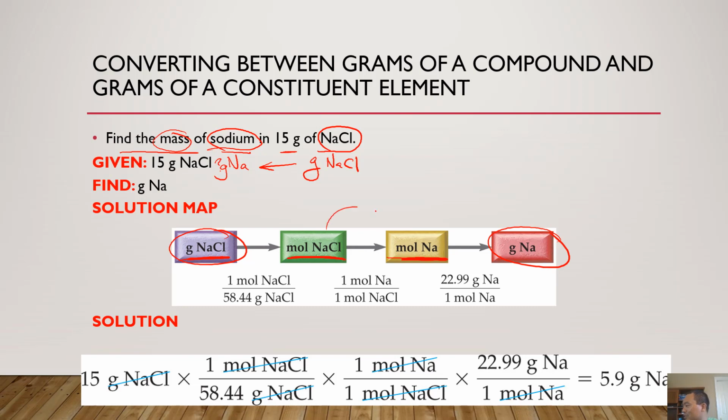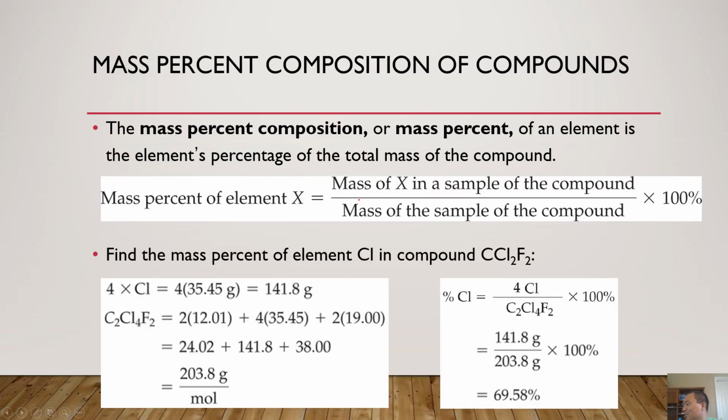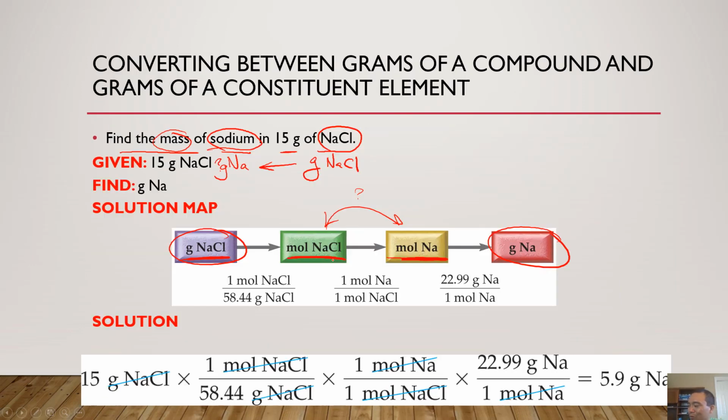How do we relate this? We relate this just by looking at the formula. 1 mole of NaCl will have 1 mole of Na in it, because when you look at NaCl, that hidden one is not written. You see that? That's how you get this relationship. 1 mole of NaCl will contain 1 mole of Na. Okay, so let's see how we write this whole thing after we look at the solution map.